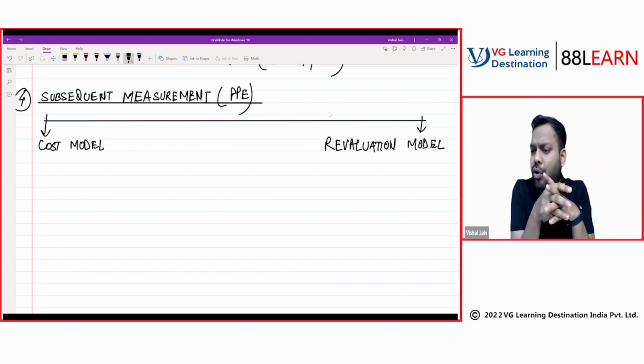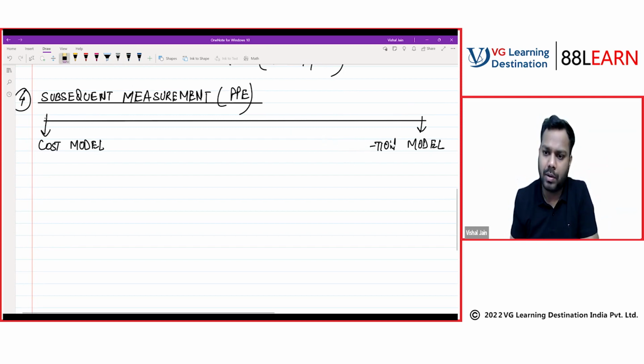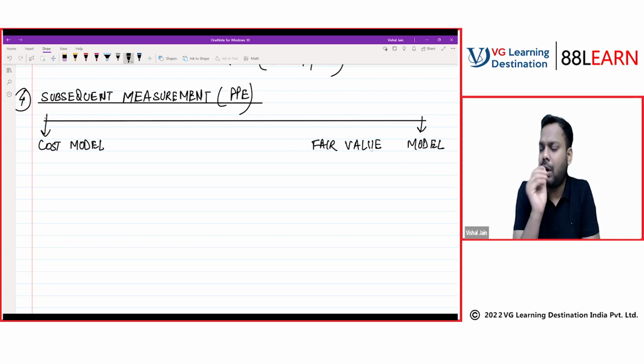Anyone knows? All right, change the name here so that you guys better understand. Fair value model. Cost is the purchase price. Fair value is the current market price, adjusted with the changes in the asset. Okay, now understood.